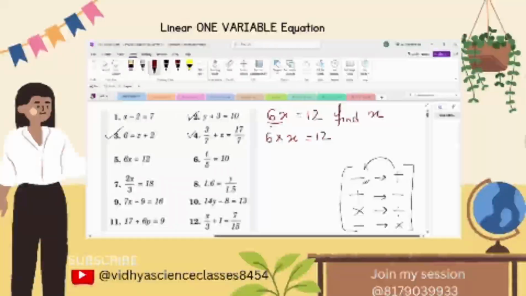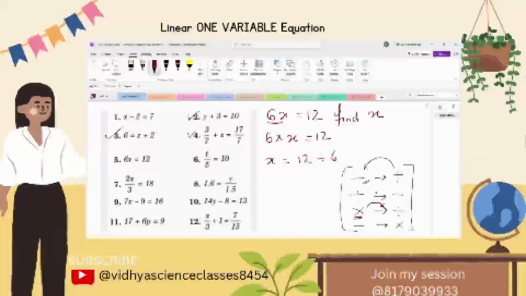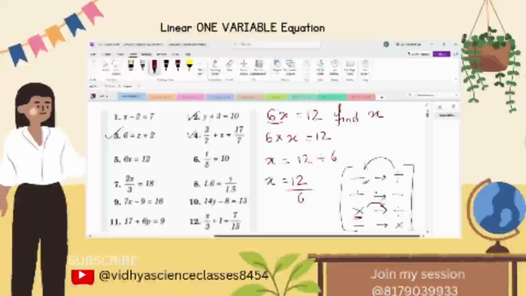Now, if multiplication is there, the number will go to the other side and become division. So x is equal to 12 divided by 6. Right? So 12 divided by 6 is how much? 2. We can also write it as 12 over 6. So 6 times 1, 6 times 2. So the x value becomes 2. Understood?